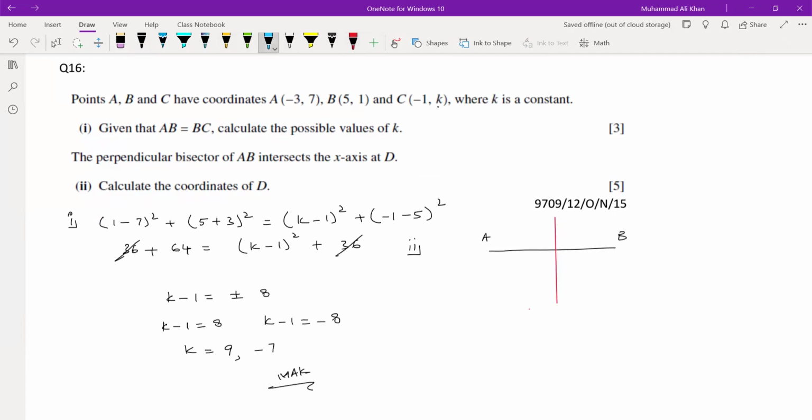Let's say this is the x-axis, and it intersects it at D. If the line intersects the x-axis at D, it means y is 0. That is definite. When it touches the x-axis, what will y be? 0. We have to calculate the coordinates of D.